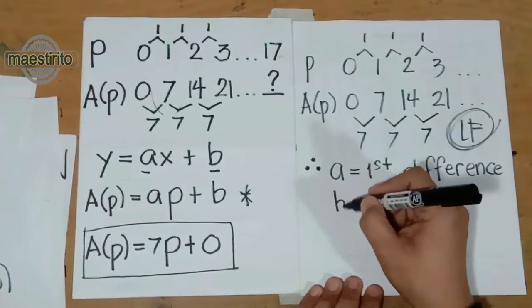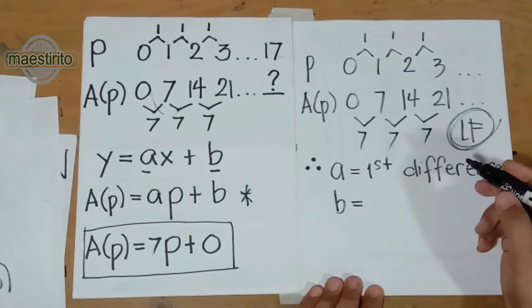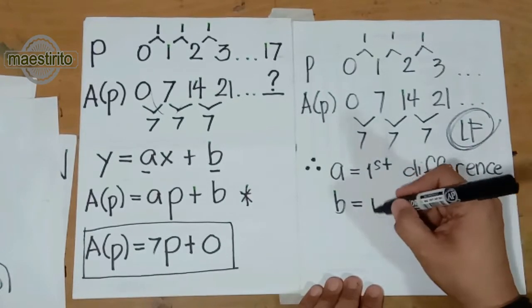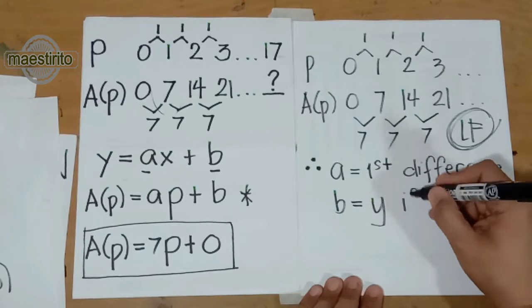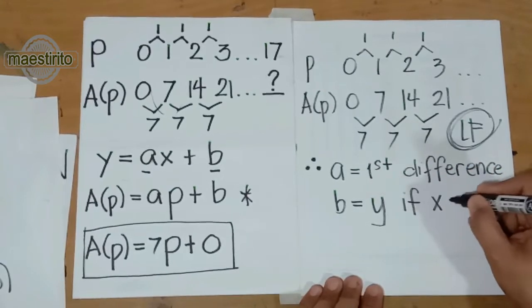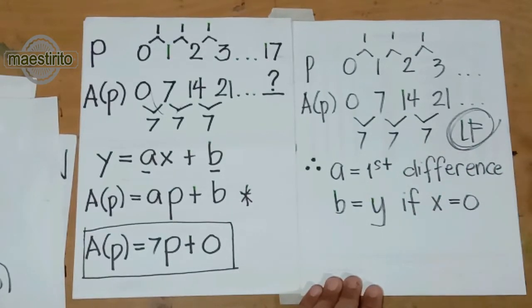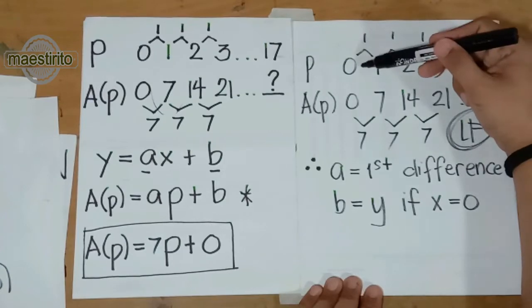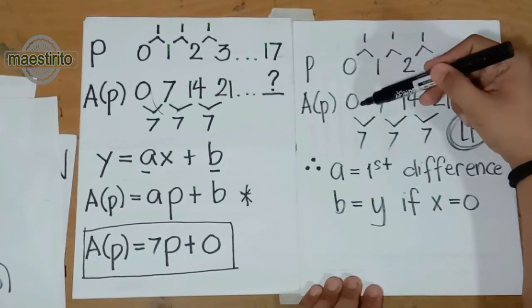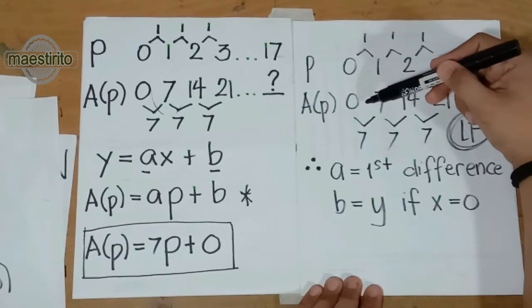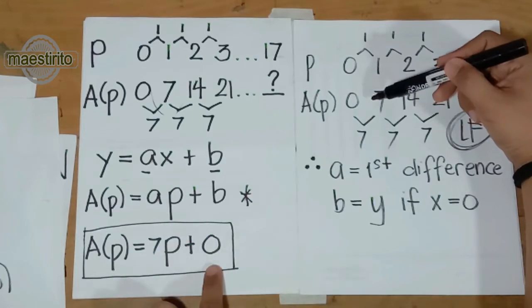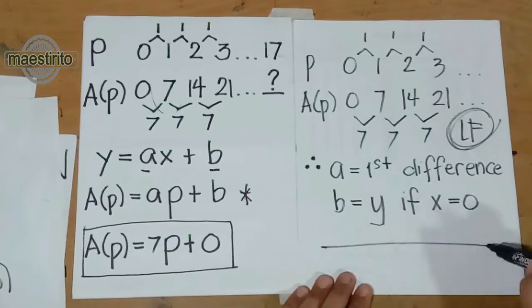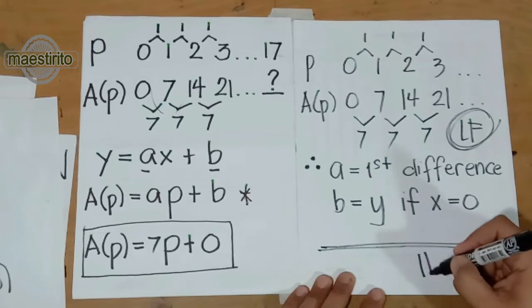And then your B would be the value of your Y if your X is 0. Now, since our X here is 0 and our Y is 0, that means your B is 0. Get it? Interesting, right?